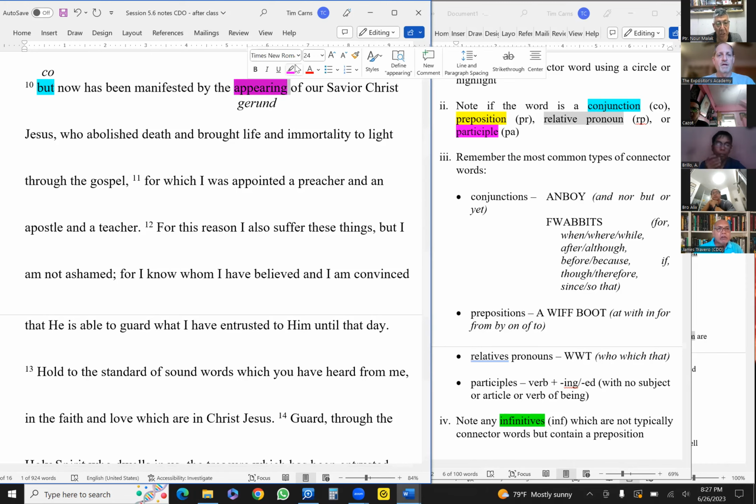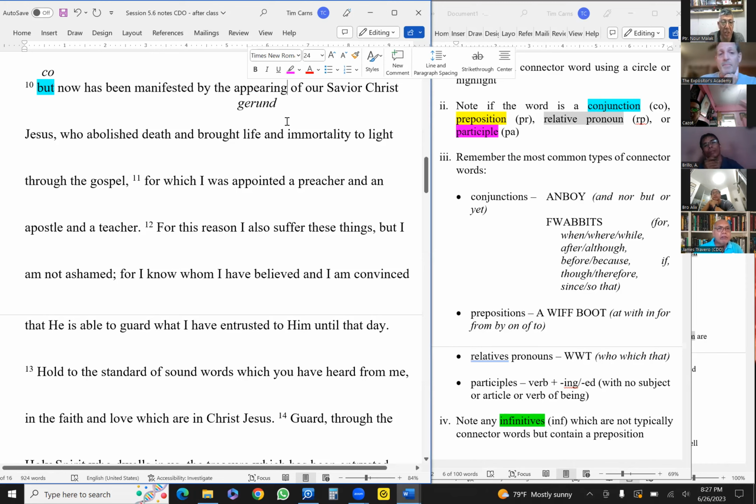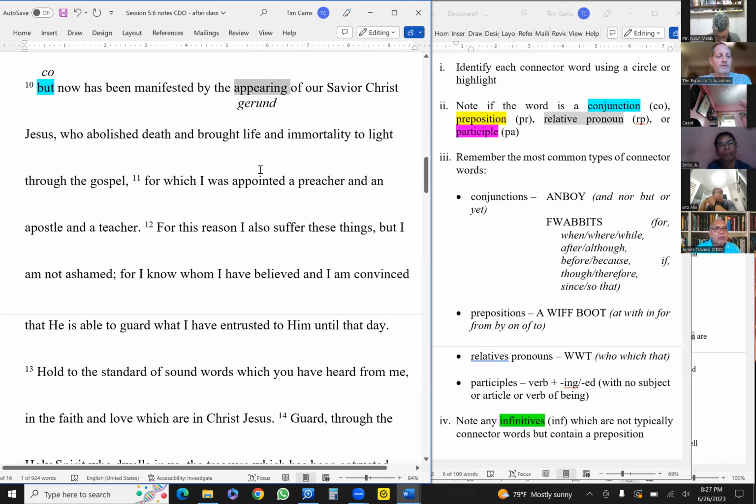Okay, so it is not a connector word. It's not a participle. How do we know? Because the article in front of it, the, tells us appearing here is acting like a noun. All right. So when you see that ing word with the verb there, you want to say, okay, that looks like a participle. But first, do a couple of checks. Check to see if there's an article in front, the, an, or a.